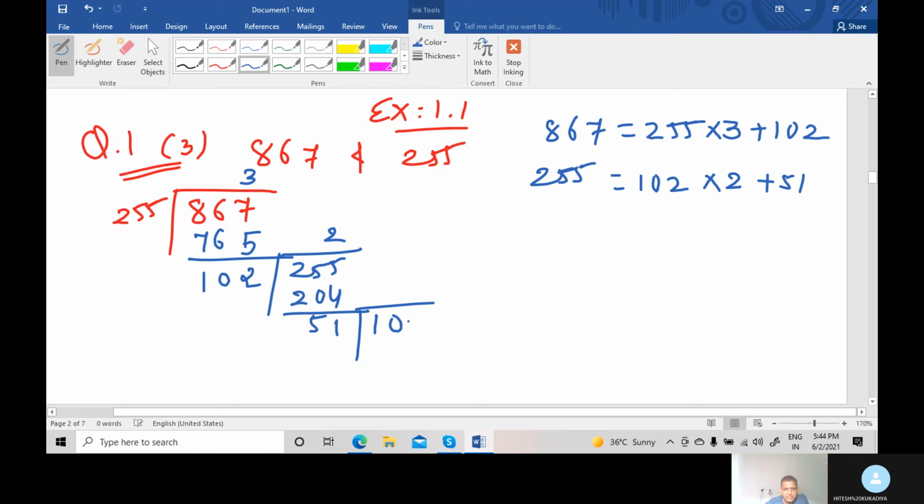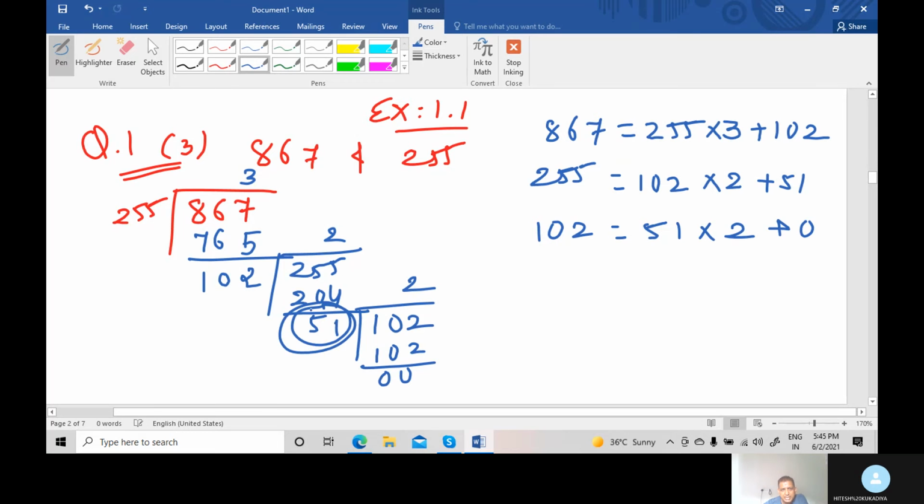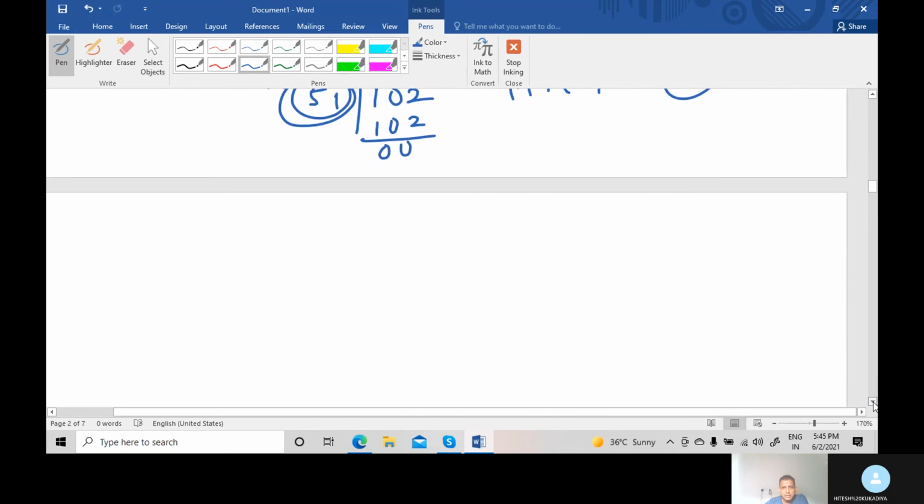Now 102 inside the division. 51 twos are 102, remainder 0. So 102 equals 51 times 2 plus 0. The last divisor is 51, so our HCF is 51. Very easy question. Clear?